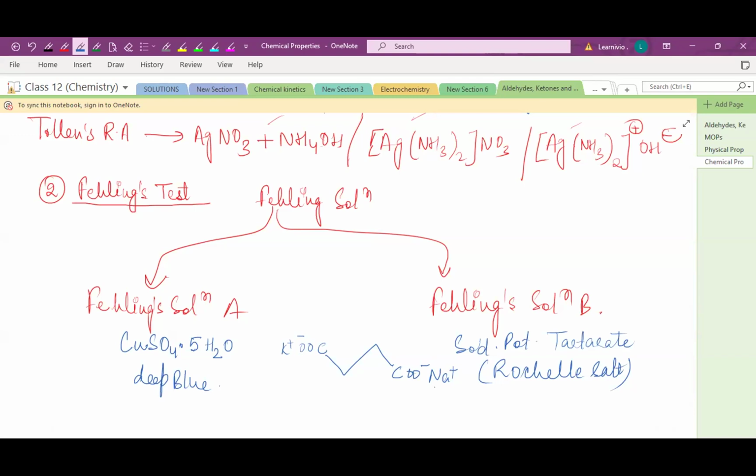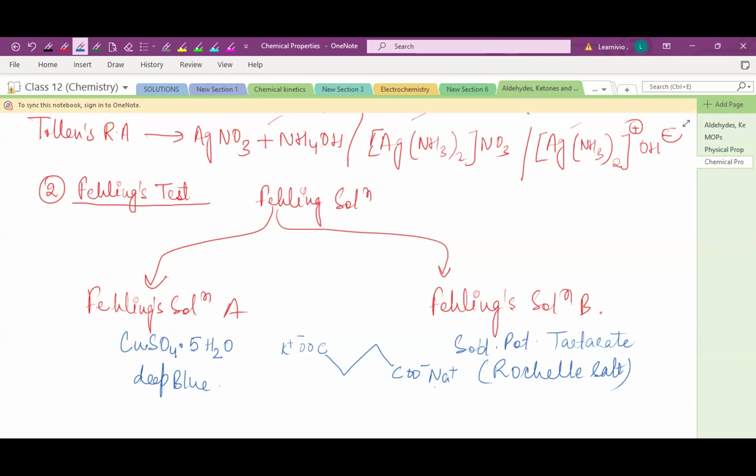When you add these three, you will get copper oxide, and this copper oxide is treated with the aldehydic group. It will oxidize the aldehydic group to the corresponding carboxylic acid plus cuprous oxide, which gives a reddish color precipitate. So that confirms the test.